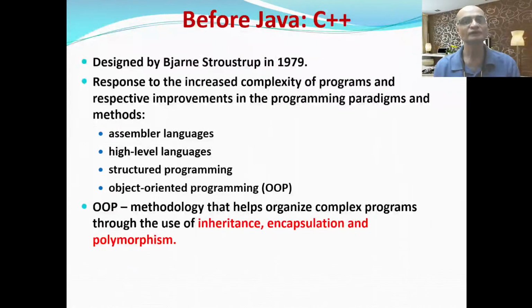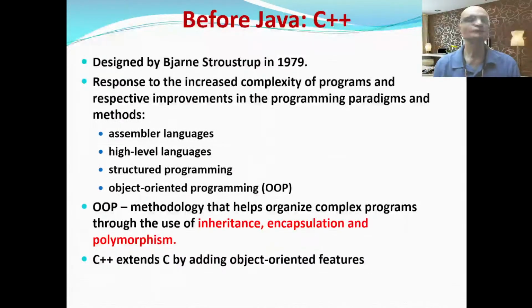We will study these things as we proceed forward when we reach Java. So in a nutshell, C++ extends C by adding object oriented features. Many times it is referred to as C with object oriented features, which becomes C++.